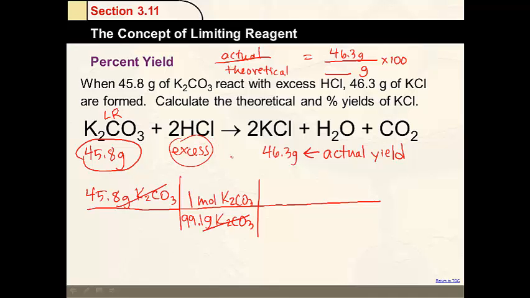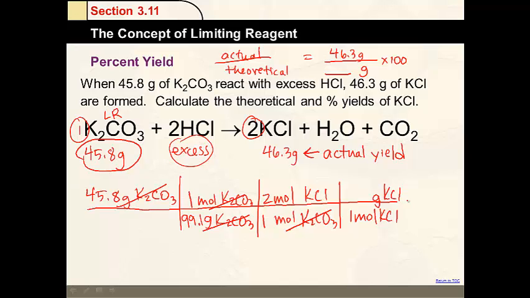And then we're going to convert from moles of one substance to moles of another. Moles to moles. This is called the mole ratio. K2CO3 and KCl. This is a 1 to 2 mole ratio from our coefficients here and here, and that cancels out. Last step would be to convert from moles of KCl to grams of KCl. And let's see, 1 potassium, 39.1, plus 1 chlorine, 35.5, is 74.6.